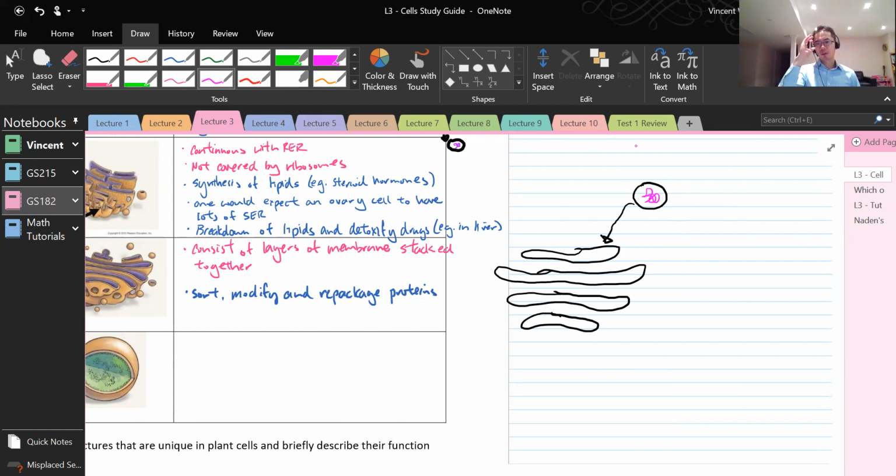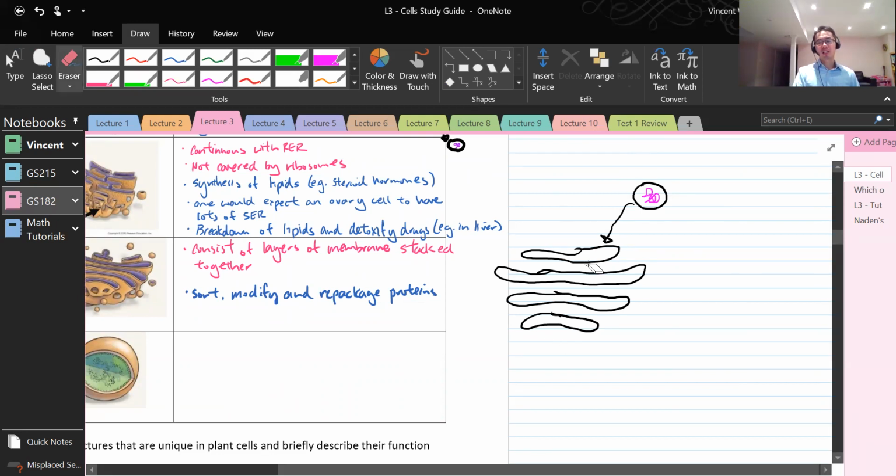Sometimes proteins need to have some sugar on them, which turns it into a sugary protein. We call that a glycoprotein. Sometimes you might have to add some lipids to it, so it's going to be a lipoprotein. And all that modification, some of it takes place in the Golgi apparatus. So this vesicle is going to come and fuse with the first layer, and then the protein is going to get inside, and then it might get modified.